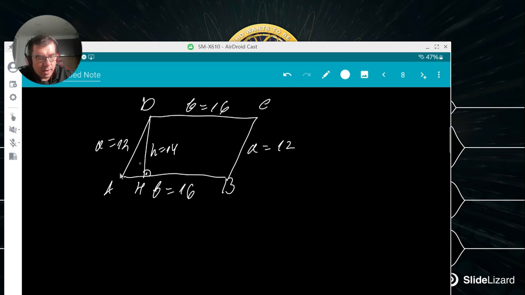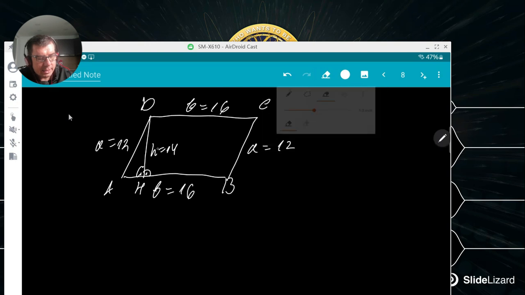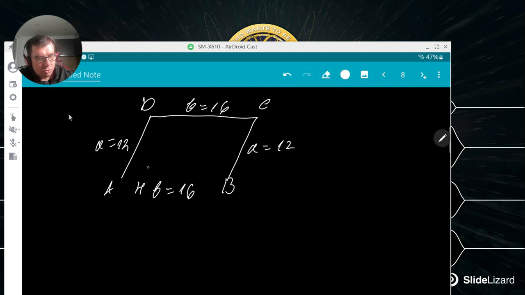In a right triangle, always the hypotenuse has to be the longer side because of the Pythagorean theorem. A squared plus b squared equals c squared, and therefore the hypotenuse should be greater than either one of the other two sides. And therefore I see that this is not correct as a sketch. This is not going to be my height.